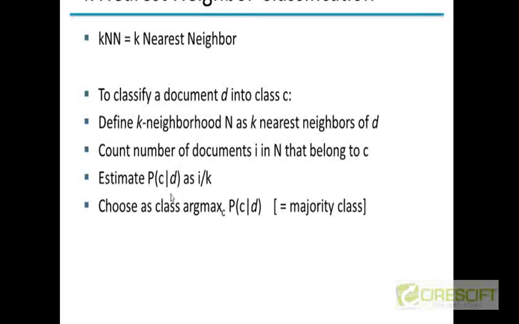Probabilistically we can say that it's going to belong to the red class with a probability of 3 by 5, and it will belong to the green class with a probability of 2 by 5. So basically we are choosing the class to be the particular color which appears in a majority. That's the k nearest neighbor classification.